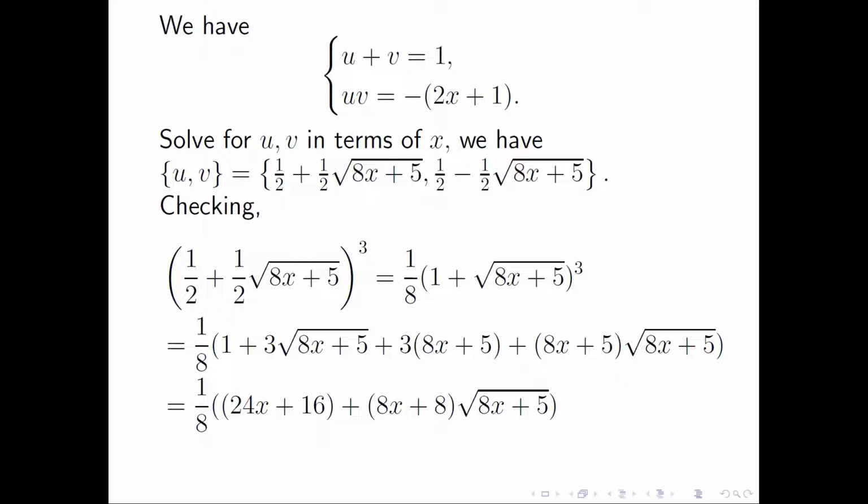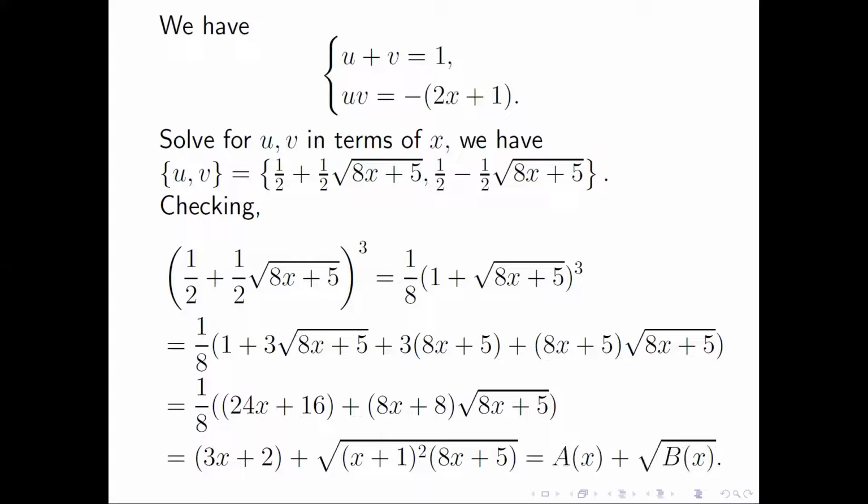And then we cancel out the denominator, we got 3x plus 2 plus square root of (x plus 1) squared times (8x plus 5). This is exactly a(x) plus square root of b(x). So in other words, the first solution is actually u, and the other one is v.